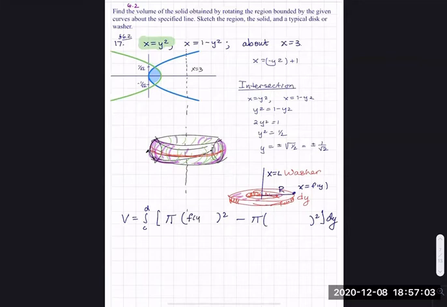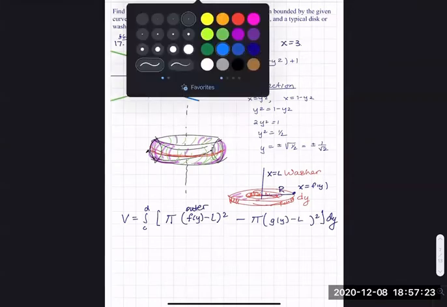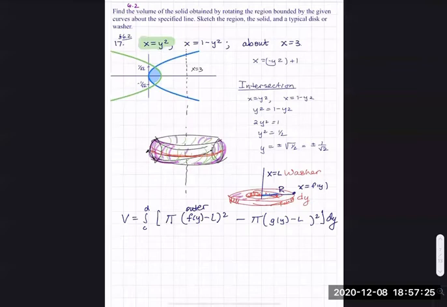So you get f of y minus L, where f is the one that's farthest away from the axis of rotation. So I call it outer. And then I look at g of y minus L, which is going to give the smaller radius. It's the same argument, but it becomes a big mess when you draw that. And that's what I'm going to call inner.